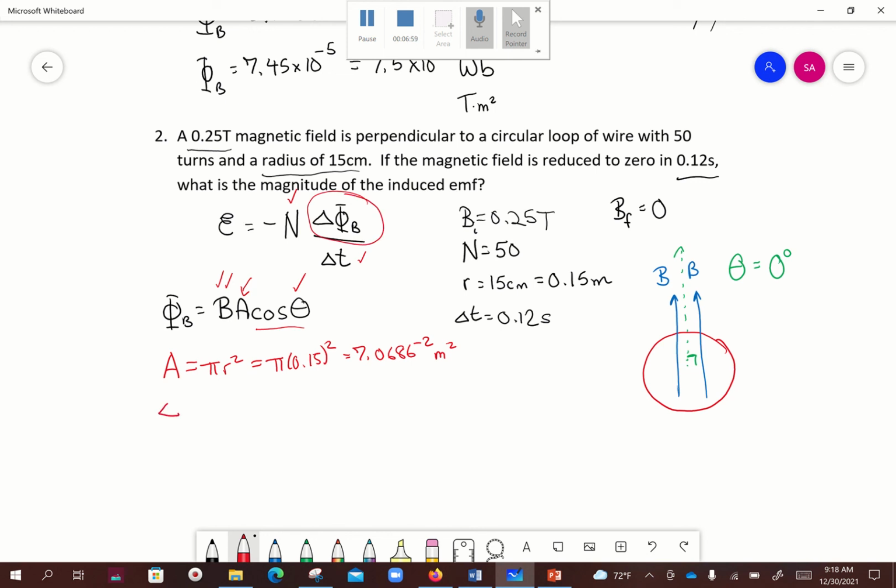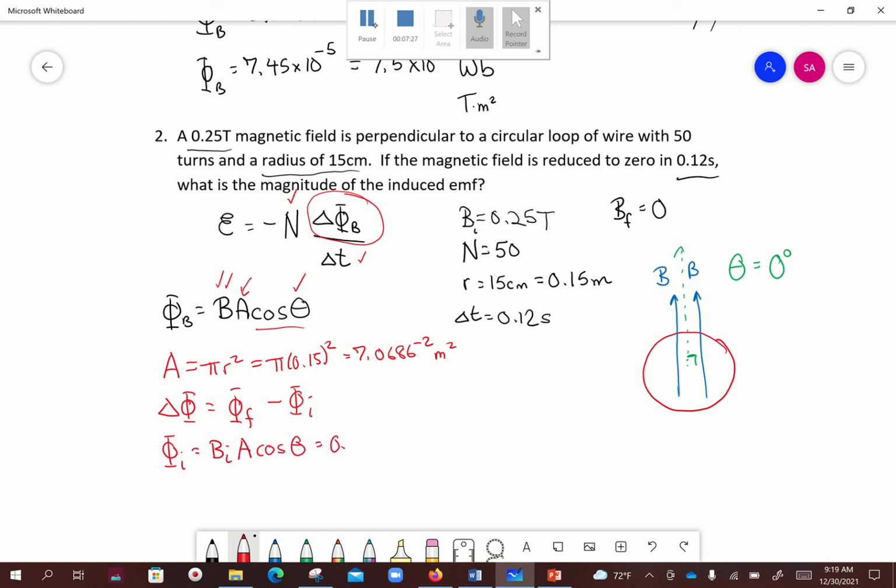So to do that delta flux, remember delta means change. So that's going to be the final minus the initial. So I need to calculate what it is at the end and what it is at the beginning and subtract those. All right, so phi initial is going to be initial field times the area times the cosine of theta.